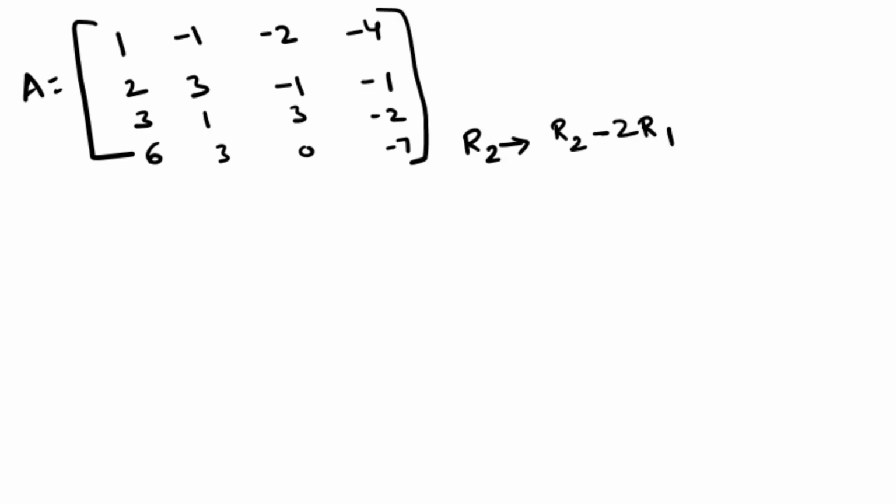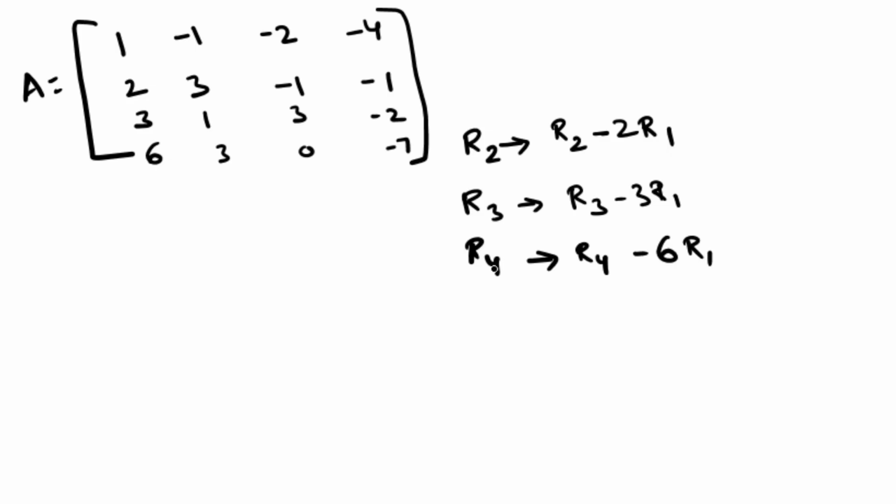Now for R3, R3 minus 3R1. And for R4, R4 implies R4 minus 6R1. Now the matrix A will become: row 1 will be as it is, 1, -1, -2, -4.